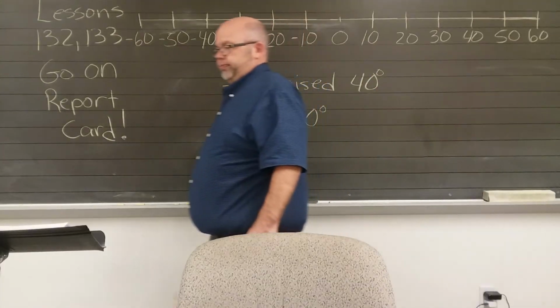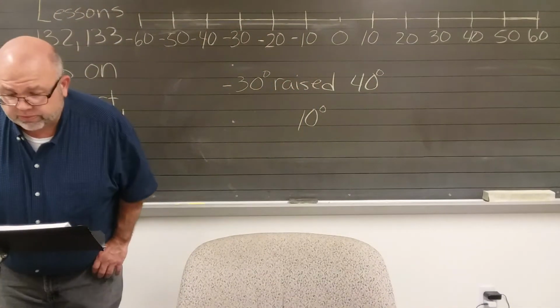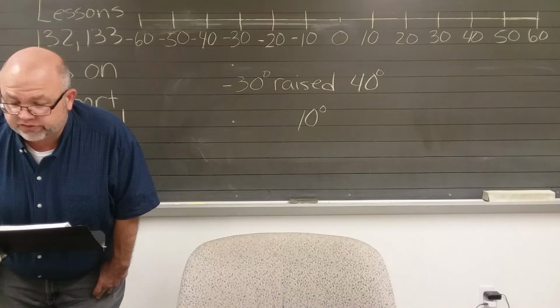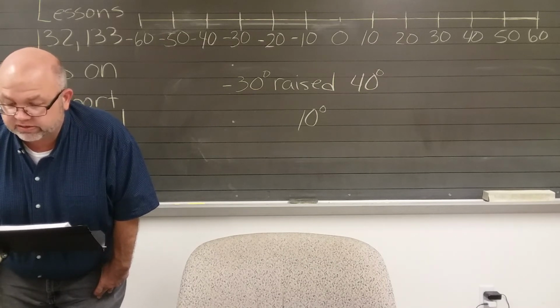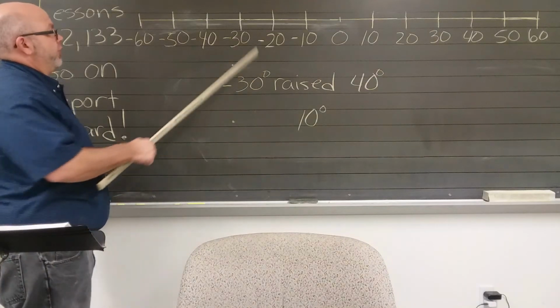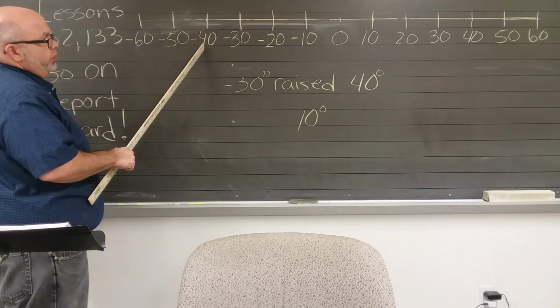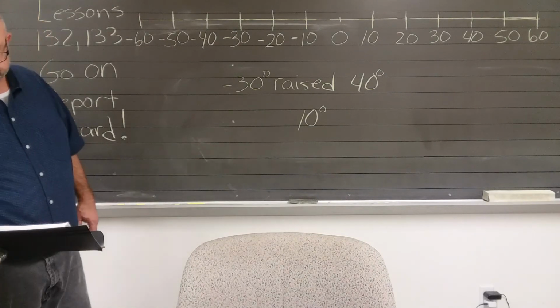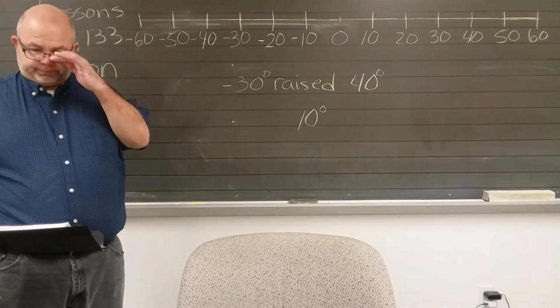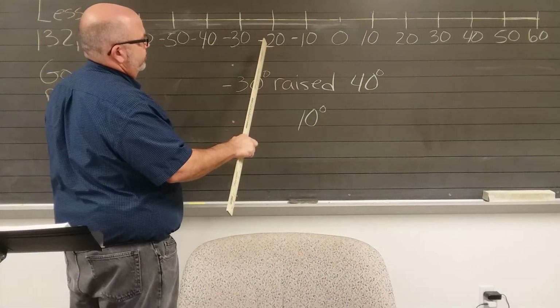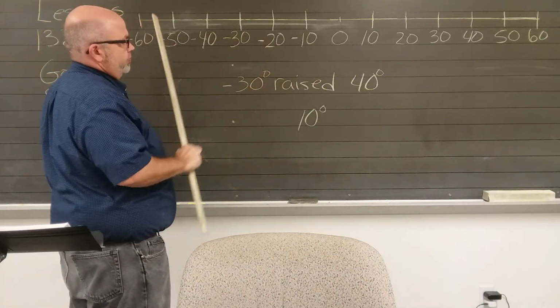Just start where it says, so number 4, from an elevation of negative 30 feet, drop 10 feet. So if you're at negative 30 and you drop 10, what is your number? Negative 40. Okay? Every number to the left is smaller.